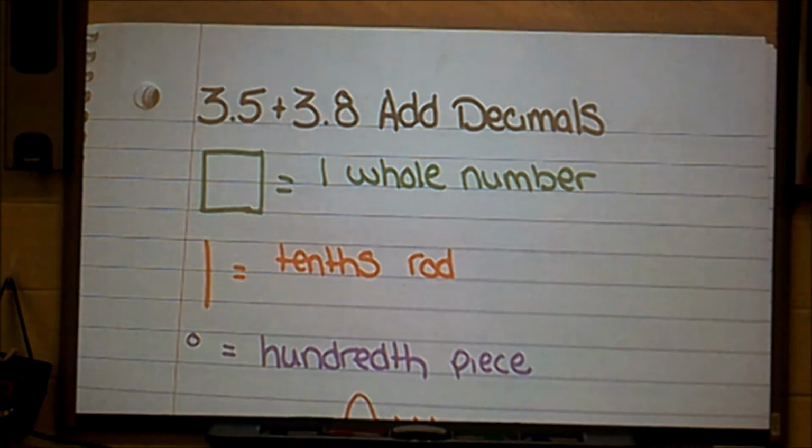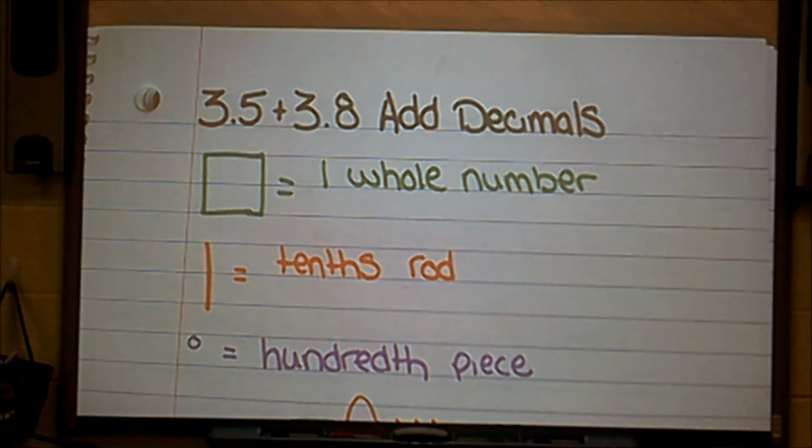So looking very quickly at this chart here, I made a picture representation. And we're going to start with picture representations just like we did when we were in first grade or kindergarten and started adding numbers together. We started with pictures. So as you can see, I have a big giant square there that's going to represent whole numbers.